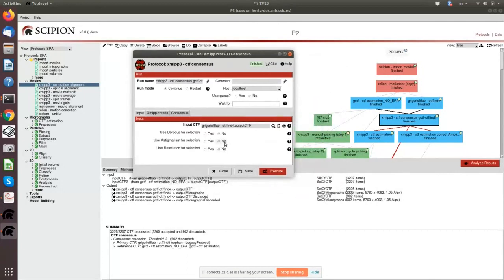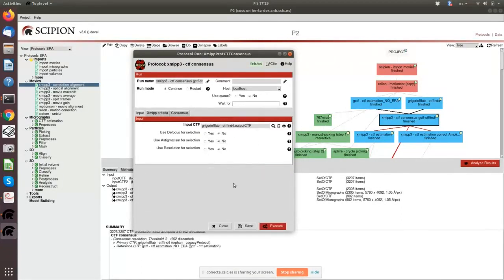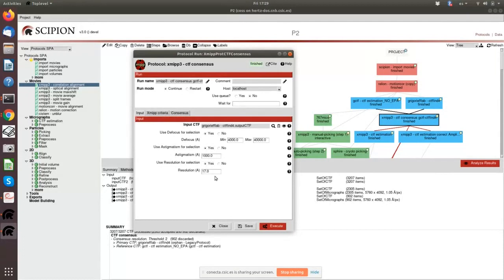You use one of them as reference, no matter which one, the one that you like the most. And then you can use different parameters to filter your output. For instance, the defocus has to be between 0.4 microns and 4 microns, or the astigmatism cannot be more than this, or the resolution cannot be less than 17 angstroms.